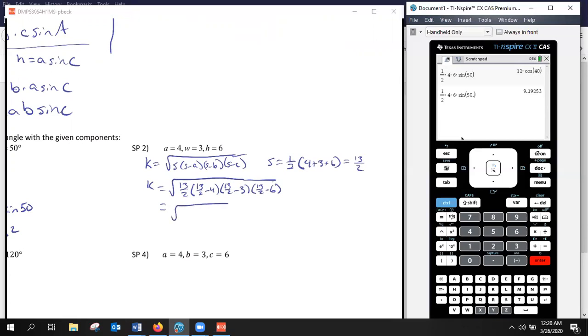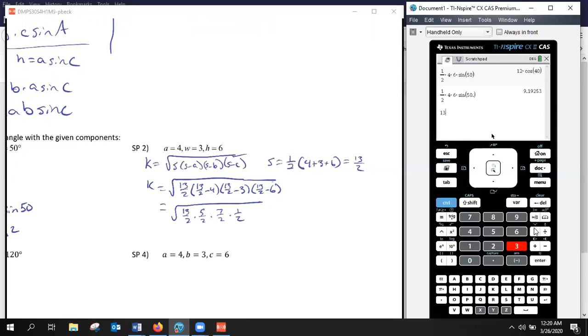So that would be the square root of 13 halves times 13 halves minus 4, that's 13 halves minus 8 halves, which is 5 halves. 13 halves minus 3, that's 13 halves minus 6 halves, or 7 halves. And then 13 halves minus 6, that's 13 halves minus 12 halves, which is 1/2. Now, as much as I'd like to say I can do this in my head, I can't.